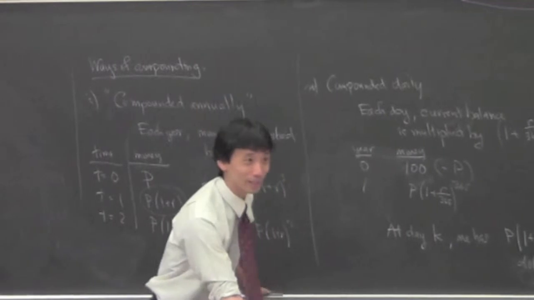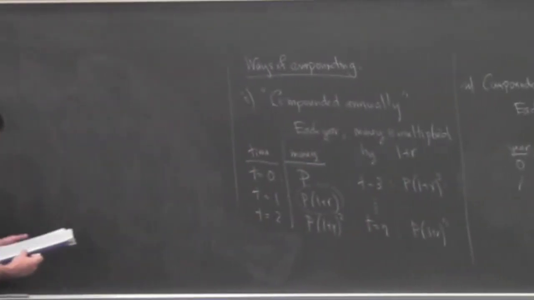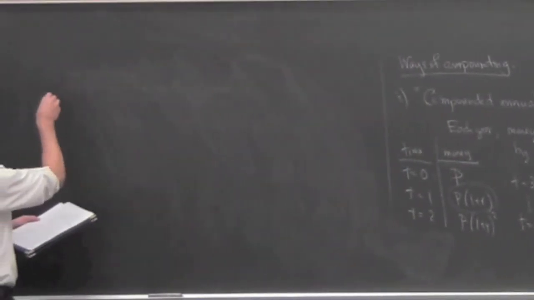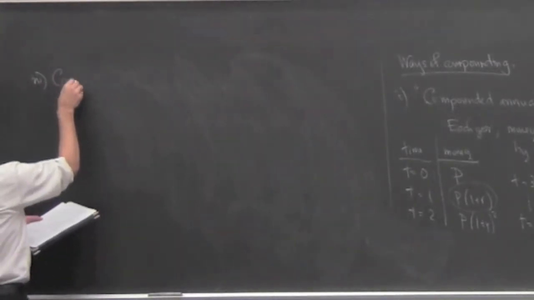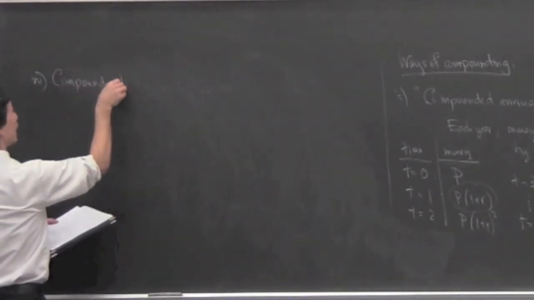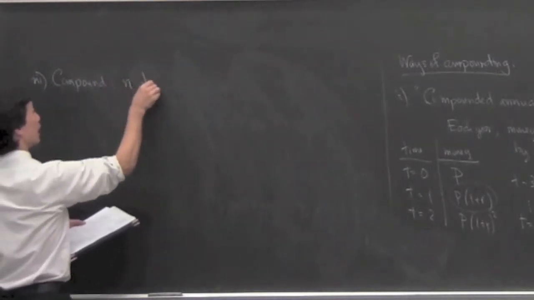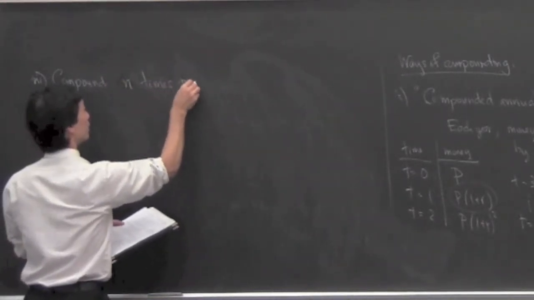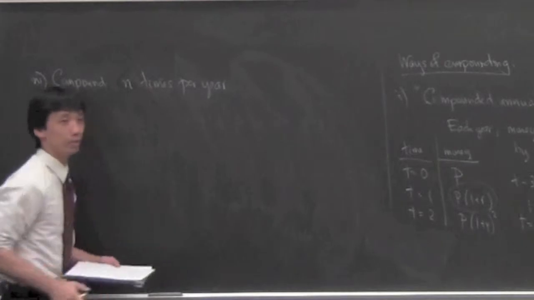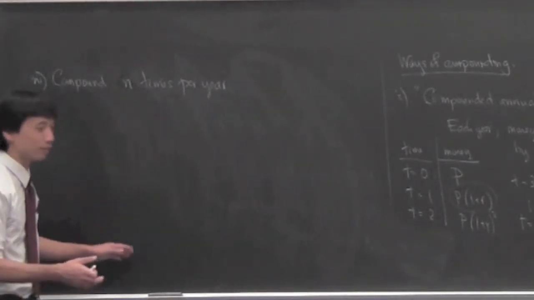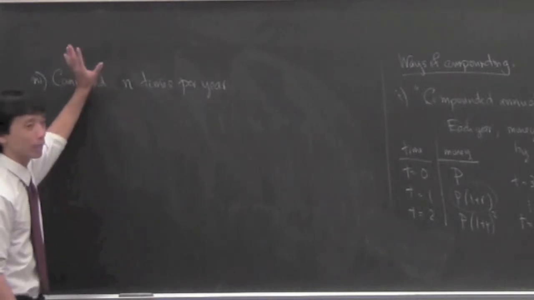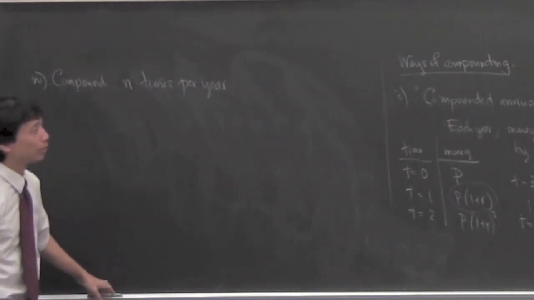Okay, so let's not do that. But here is, actually let's do this. This bank says, we compound n times per year. They don't tell you what n is, they just say n. Here's a bank that compounds n times per year.